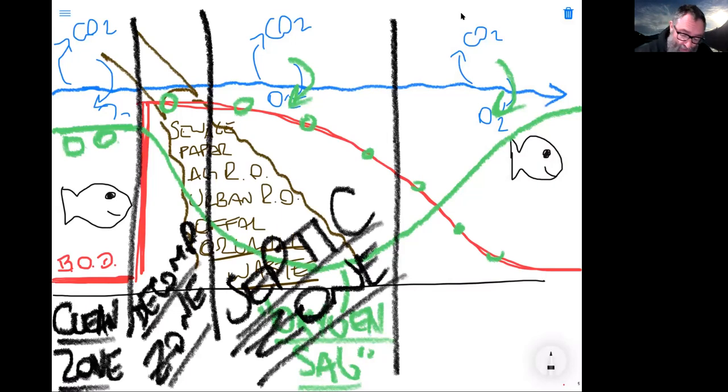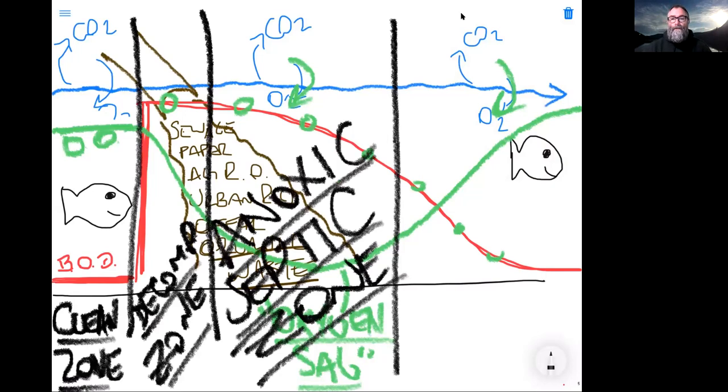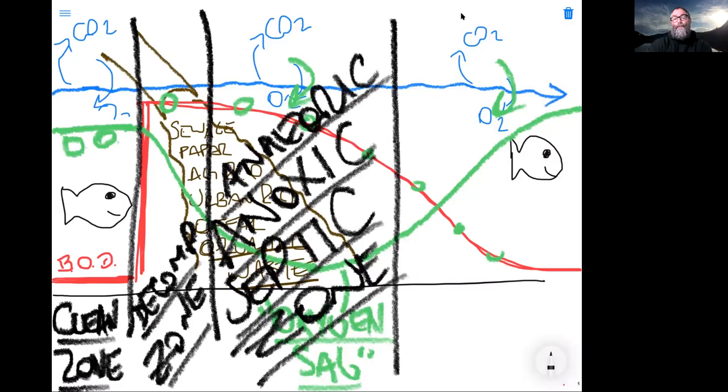But you could also call this anoxic zone. That means not oxygen, anoxic. And some people would call this an anaerobic section of the river.